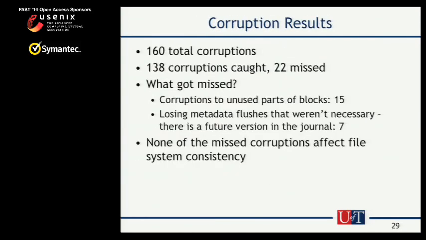The other 7 were lost writes that were metadata flushes to the final destinations, but these also didn't threaten file system integrity because there was a future version in the journal that could have been replayed, even if that write was lost. And so none of these missed corruptions affected file system consistency, and we checked this by running fsck after every corruption.